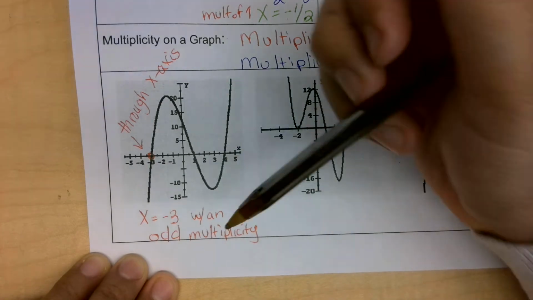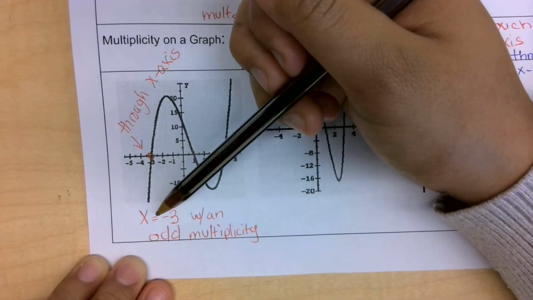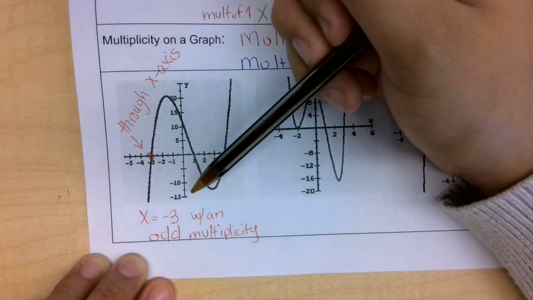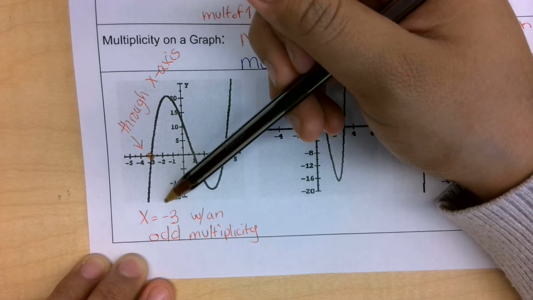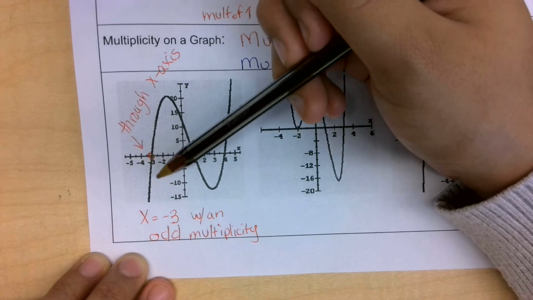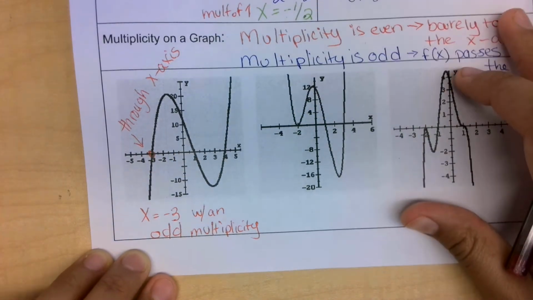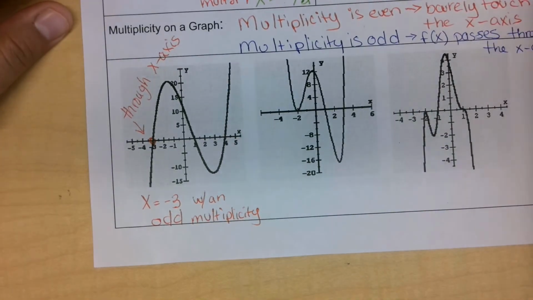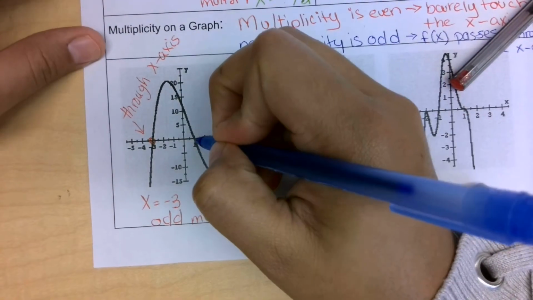Meaning that it could occur 2 times, it could occur 3 times, it could occur 1 time, 5 times, we just don't know. That's as good as we can get with the graph.